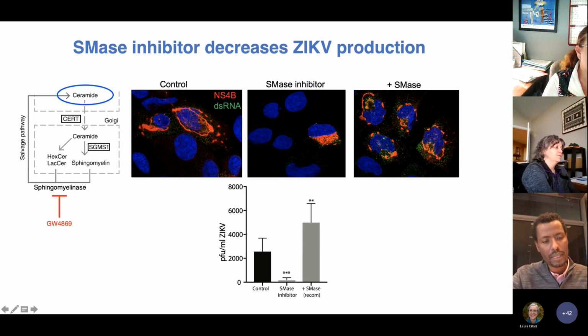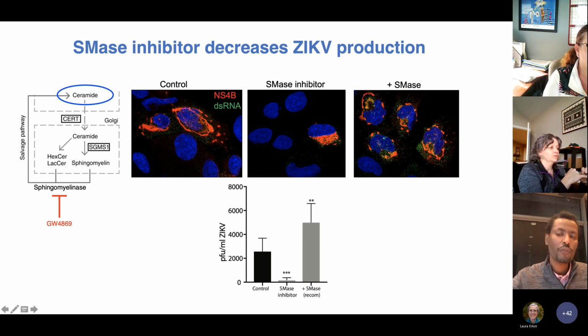So we got this inhibitor that blocks sphingomyelinase, and when you treat cells with sphingomyelinase inhibitor, you get a significant reduction in viral shedding.